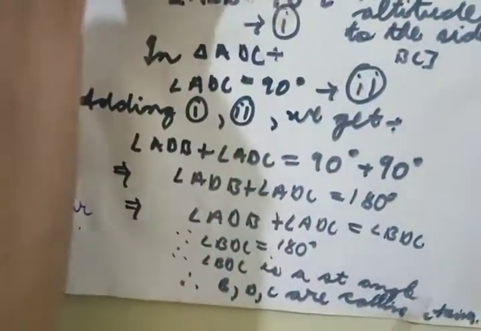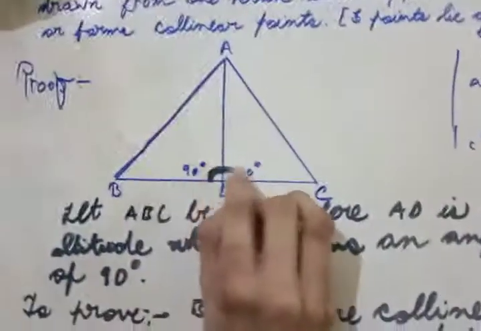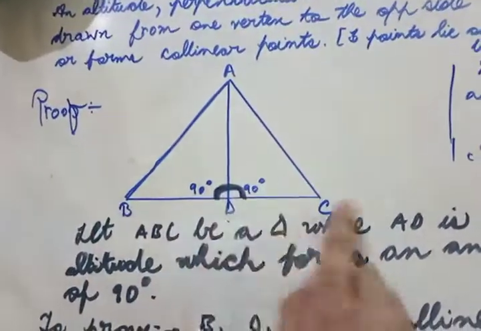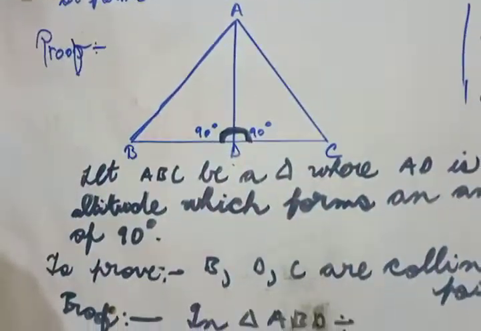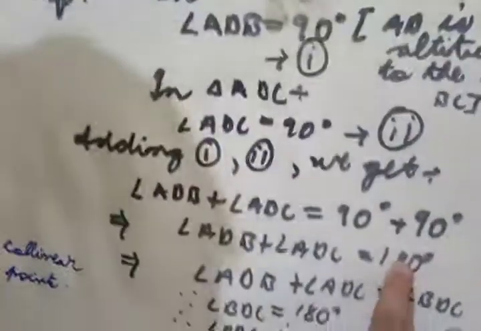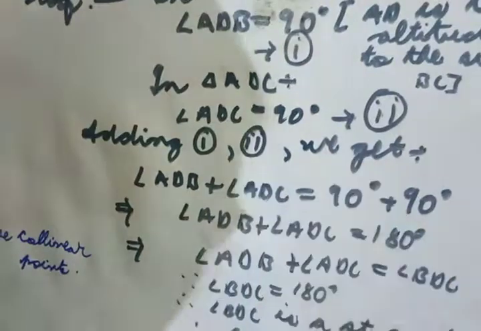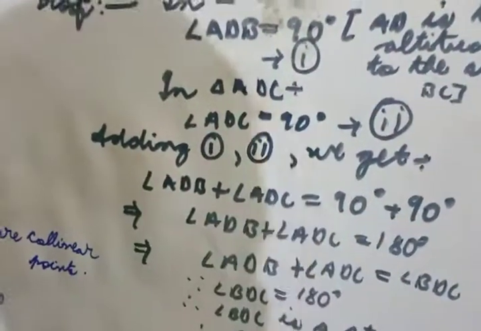Now ADB plus ADC gives BDC, because BDC forms a straight angle. You can see here BDC forms a straight angle and ADB and ADC are its parts. So we can write angle BDC in place of 180 degree. Since BDC is 180 degree, it is a straight angle.